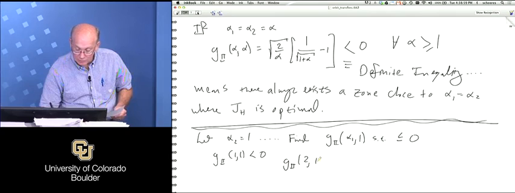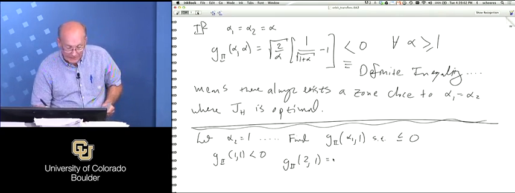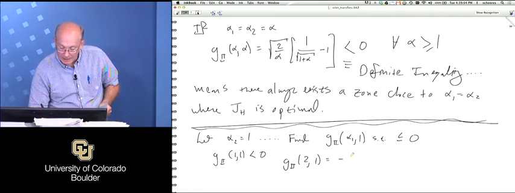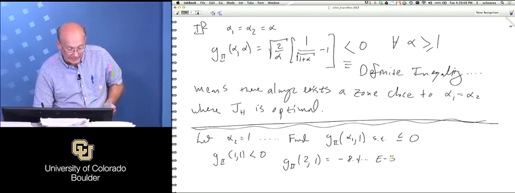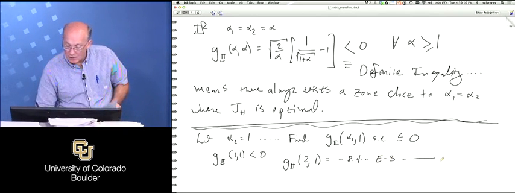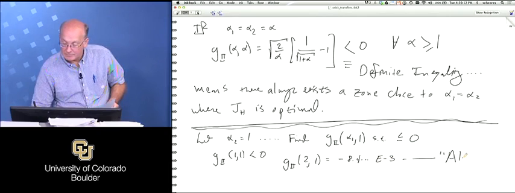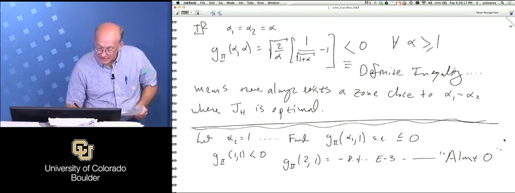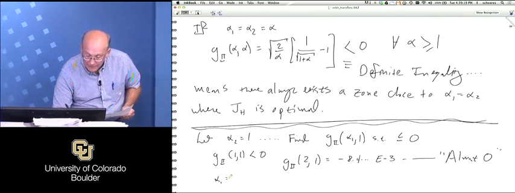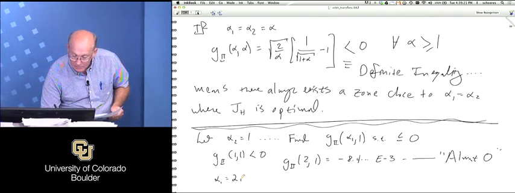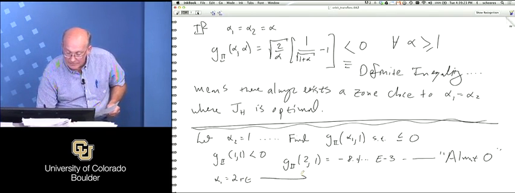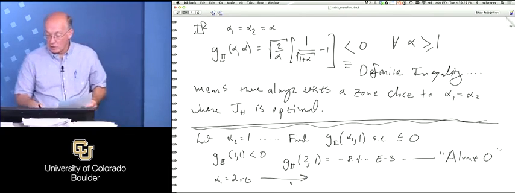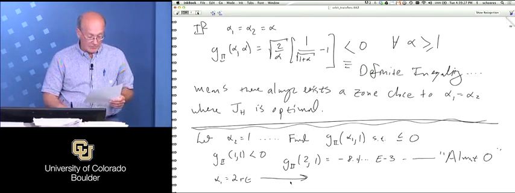And in fact, you can find that J2 of 2, 1, if you actually go through the math, is equal to like minus 8.4 dot dot dot times 10 to the minus 3, almost 0. And so you can actually do a little trick and say alpha 1 is equal to 2 plus epsilon. Do an expansion because we know we're close to 0, so epsilon should be small.